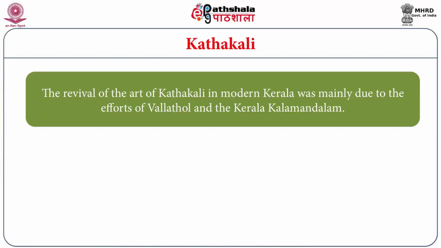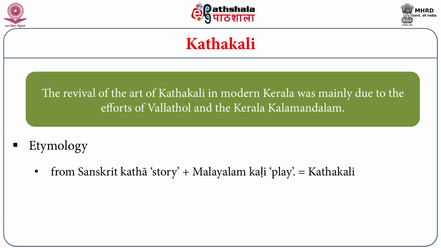This Kathakali art form, which has been revived in modern Kerala, was mainly due to the efforts of this great person Vallathol, and the place Kalamandalam, which is in Kerala, was the main cause and the reason for the origin of Kathakali. Katha means story, as we all know. Kali means to play.